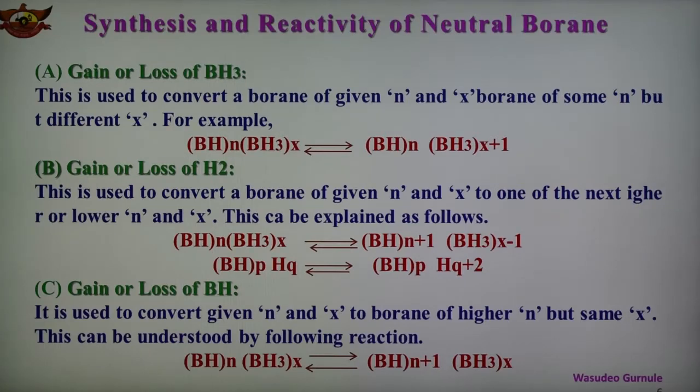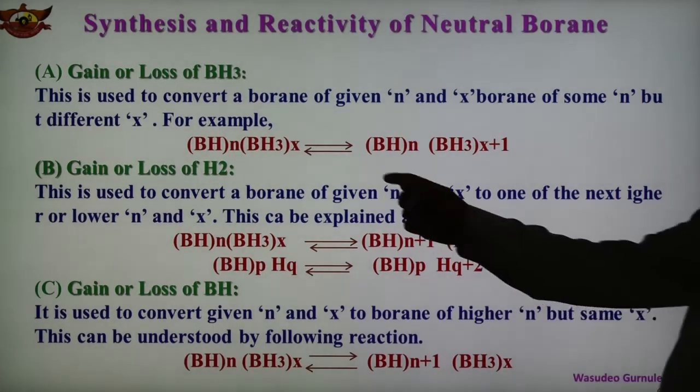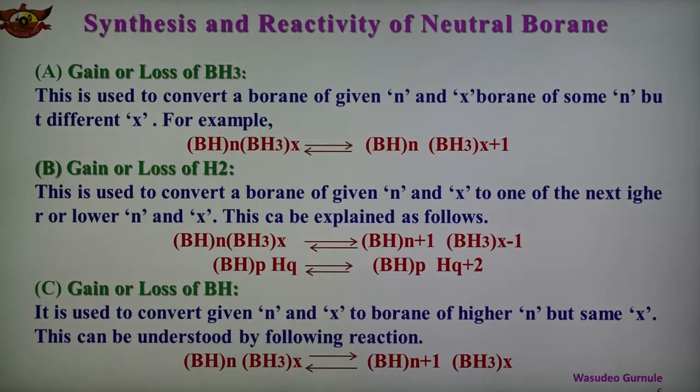The second route of synthesis of neutral boranes is used to convert a borane of given N and X to one of the next value, that is, lower N and X. This method can be explained as given here.